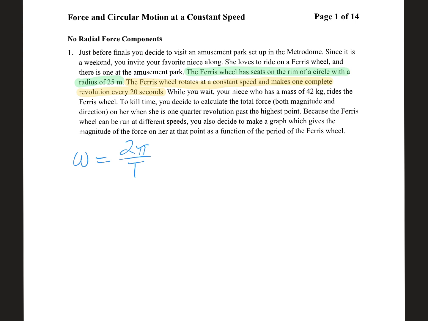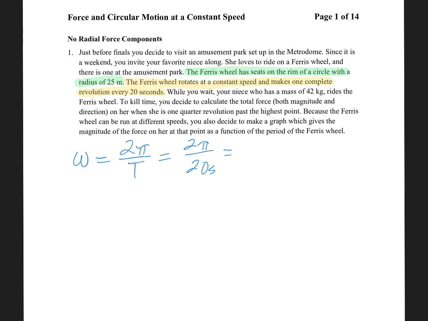Well, I know that in this yellow highlighted thing, we have 20 seconds as that. So it took every one revolution, which is 2 pi in radian terms.